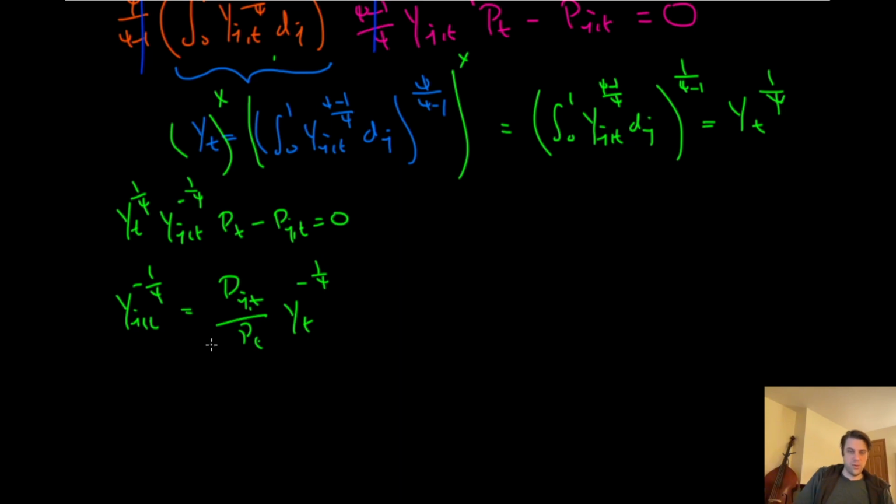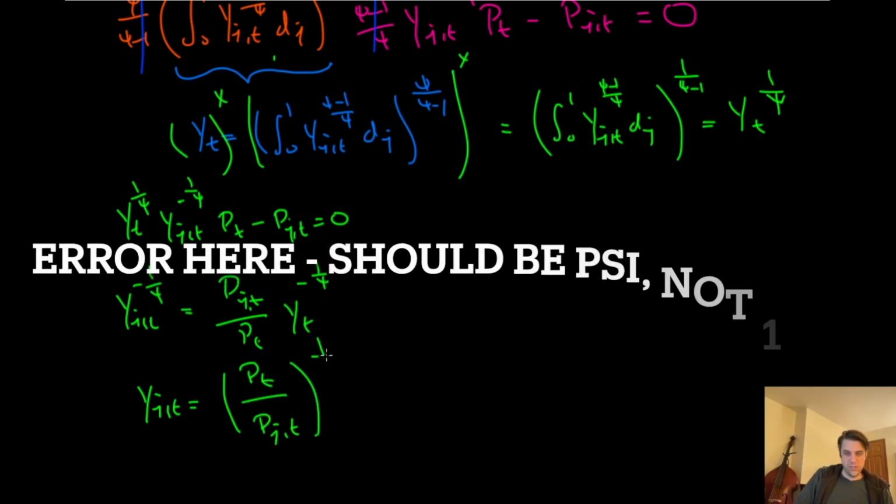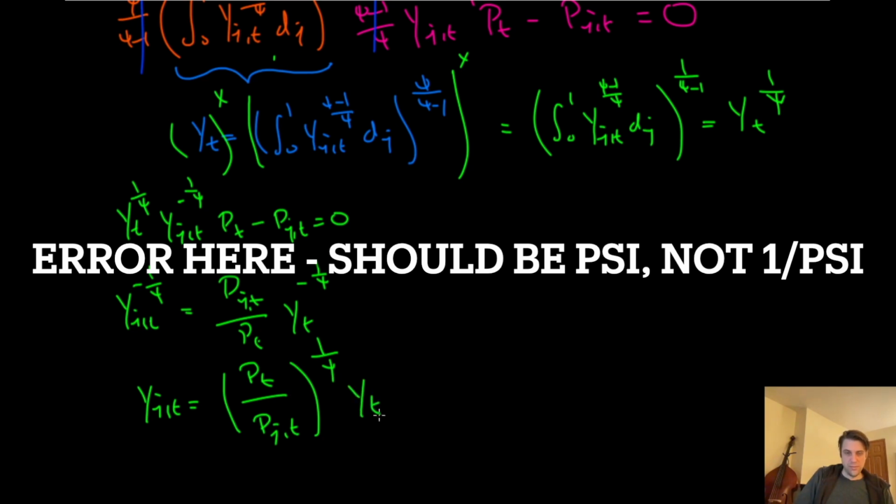And then we'll raise both sides to minus 1 over psi. So we get yjt is equal to, I'm going to flip with the minus sign, so I'll put pjt on the bottom. So pt over pjt to the 1 over psi yt.